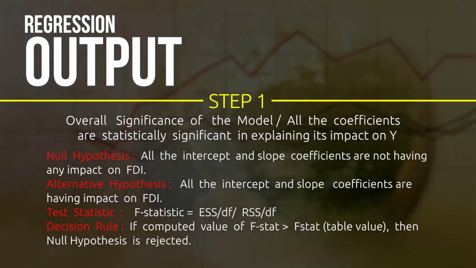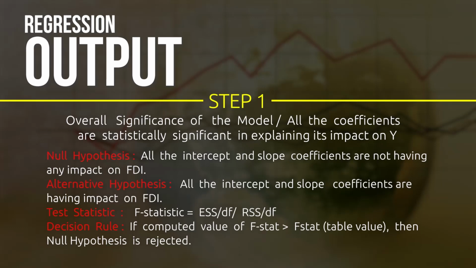Based on that, we design a test statistic, the F test, given by the ratio of ESS, the explained sum of squares, to RSS, the residual sum of squares. Based on our decision rule, if the computed value of the F statistic exceeds the table value of F, then the null hypothesis is rejected.